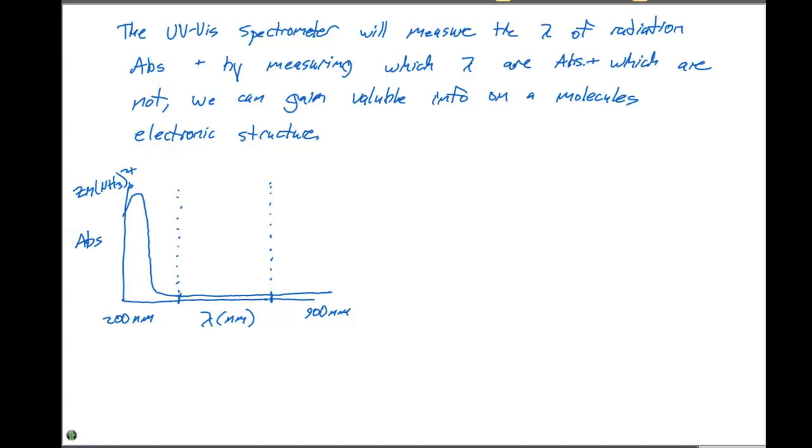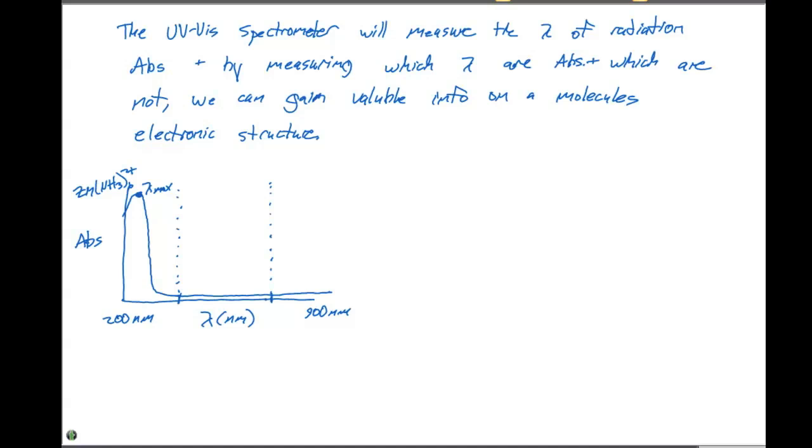We can look at this point and call that lambda max, which is our maximum absorbance. Notice that for the zinc complex, that maximum absorbance happens outside of the visible spectrum. So to our eyes, we can't detect any absorbance. There is not an electronic excitation in the visible portion of the electromagnetic spectrum.